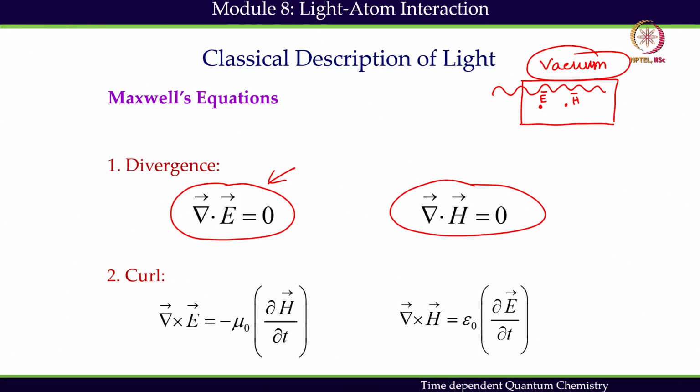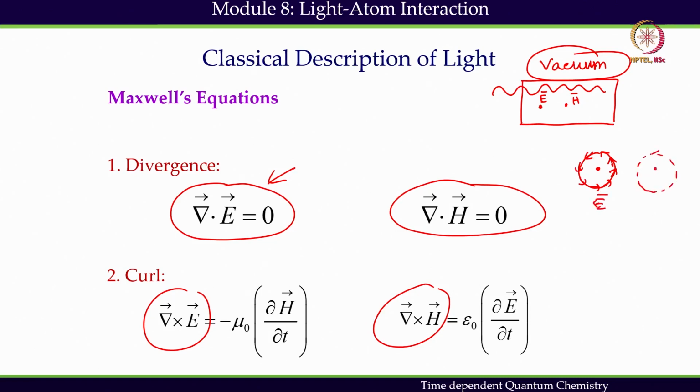So divergence will be 0 in the vacuum, but the curl exists, which means that both the electric field and the magnetic field are rotating in nature.